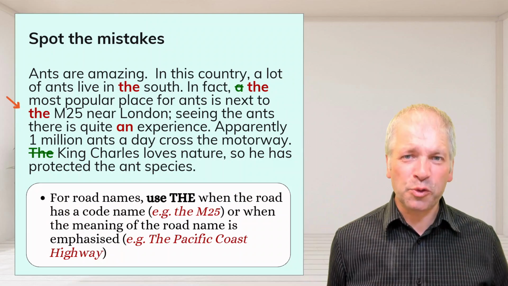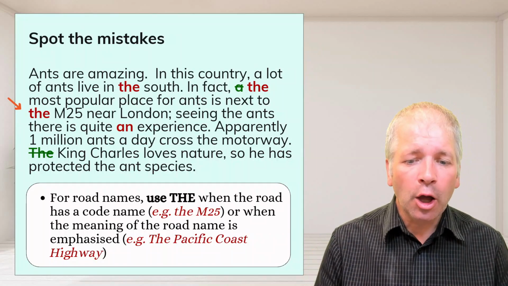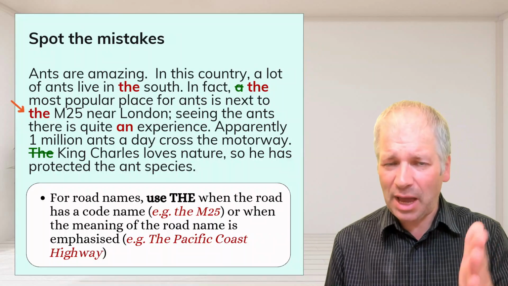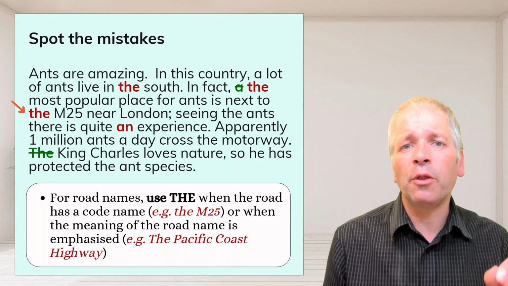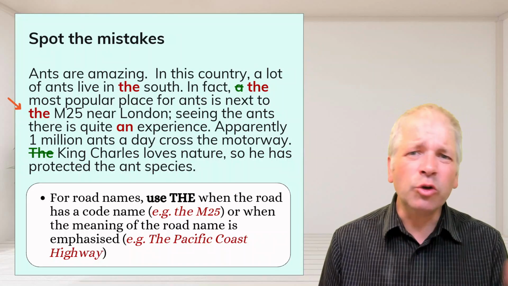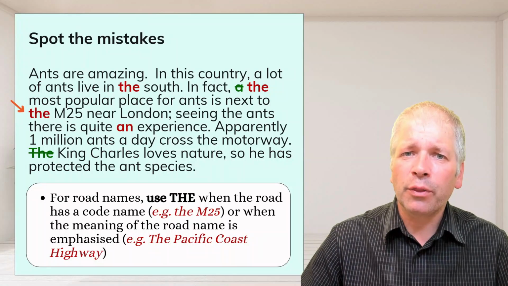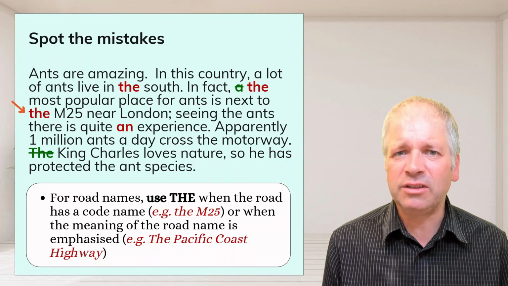Now, articles with road names are quite interesting. For road names, use the when the road has a kind of code like M25 or A6 or IC50. With these roads, put the in front of them, usually. So you'd say, I'm travelling on the M25, not I'm travelling on M25.